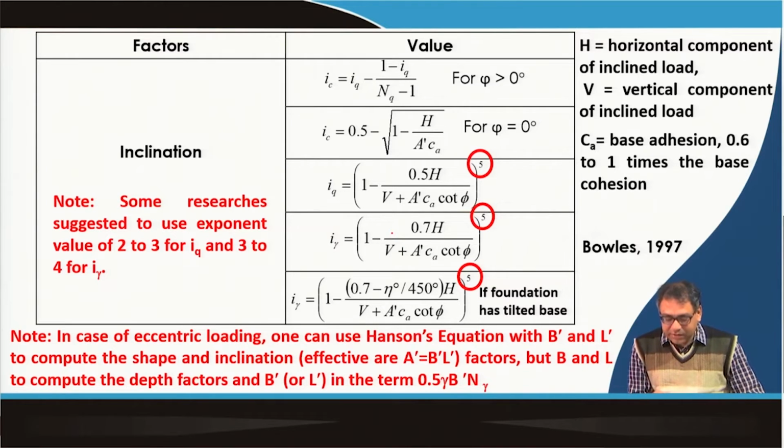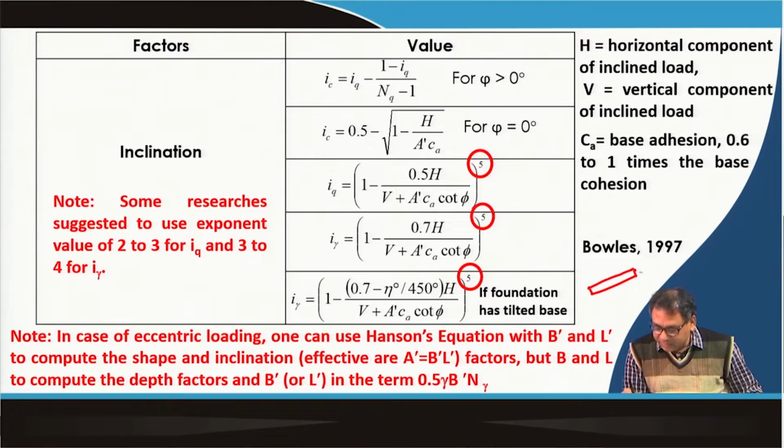Now, the first I gamma equation is for when the foundation base is not tilted. Suppose the foundation base is tilted, because there is a tilt; this is my foundation, okay.